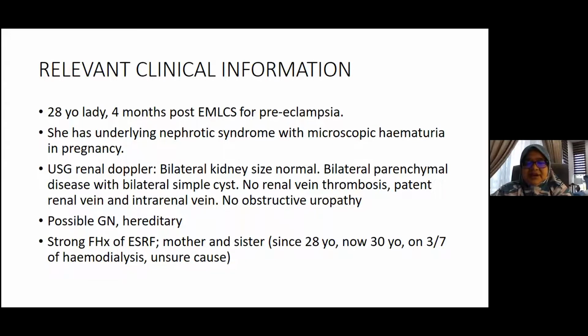The ultrasound Doppler showed the kidneys were normal sized bilaterally, with bilateral parenchymal disease and bilateral simple cysts. It's still possible to be glomerulonephritis or hereditary because there's a strong family history of end-stage kidney disease: the mother and sister, from a young age, have had to be on hemodialysis, and they're not sure of the cause.